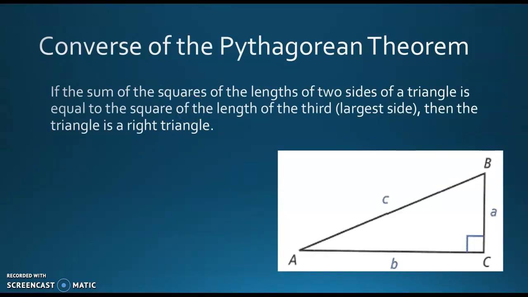If the sum of the squares of the lengths of the two sides of the triangle is equal to the square of the length of the third, then the triangle is a right triangle. So, plainly put, if a squared plus b squared equals c squared, then the triangle is a right triangle.